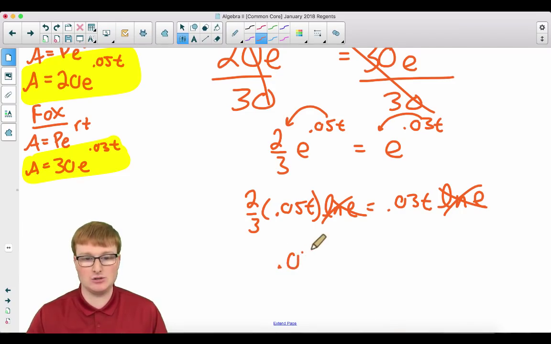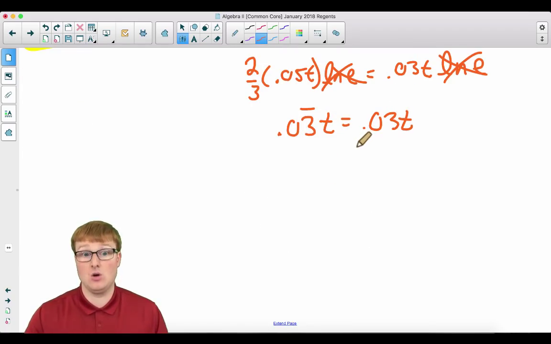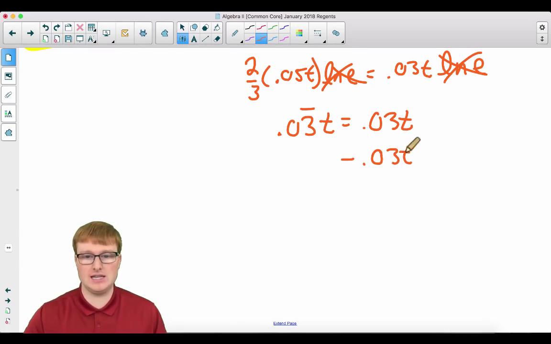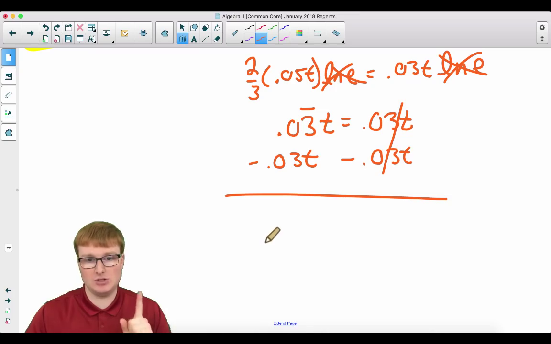So you have 0.03 repeating t is equal to 0.03t. Now, I'm going to do a very daring move. I am going to subtract the 0.03t on both sides. Now, careful. I am going to write this as 0.03 repeating t minus 0.03t.